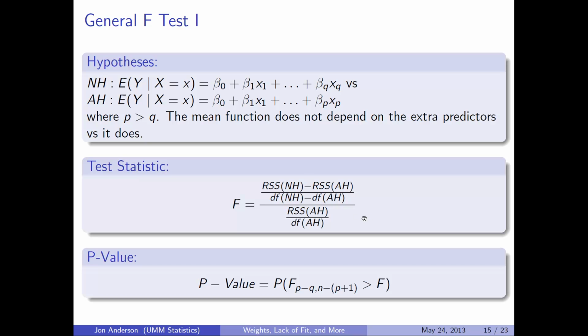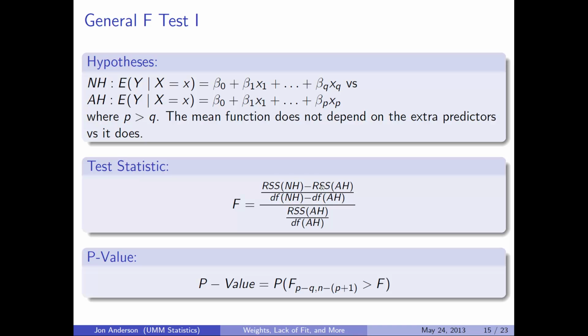So really this is almost like a percentage change. How much different is the residual sums of squares between these two models? So in the numerator, it's just the subtraction of the two models' residual sums of squares.